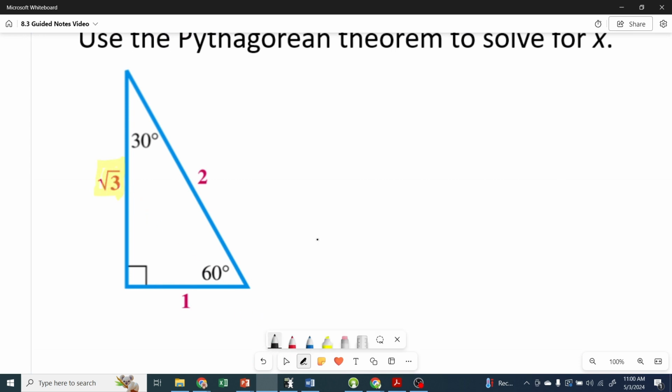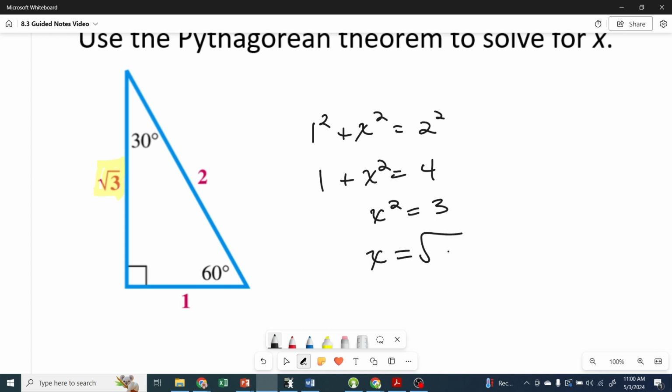Well, let's prove it though. So 1 squared plus, let's say, x squared equals 2 squared, right? So this would be 1 plus x squared equals 4. Subtract 1 from each side, x squared equals 3. Take the square root of each side, x is equal to the square root of 3.